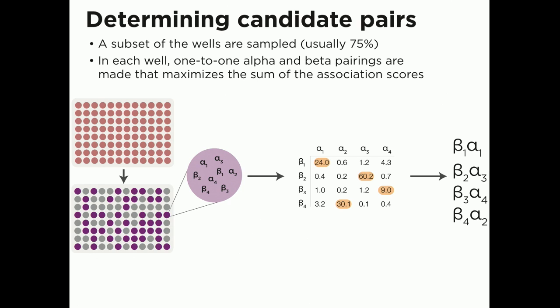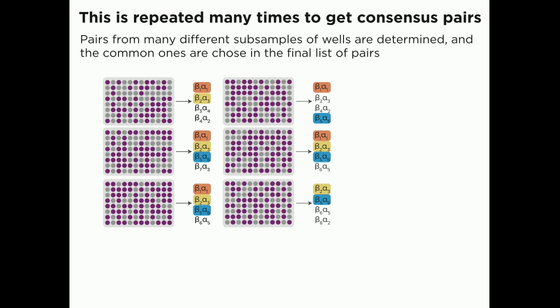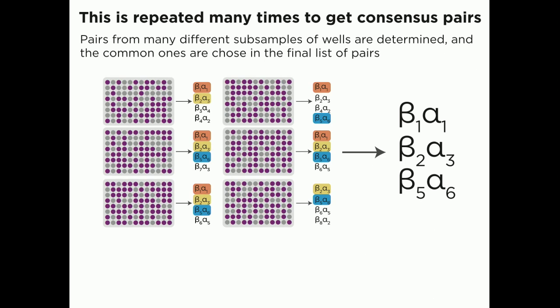And then we do that through each well, and then find the most common alpha-beta pairings, and we get an output of a list of alpha-beta pairs. We do the subsetting over and over again, and then we look across all of the alphas from each subset, look for the consensus alpha-beta pairs, and then get a final list of candidate pairs.